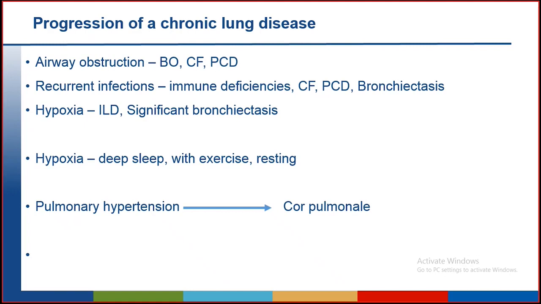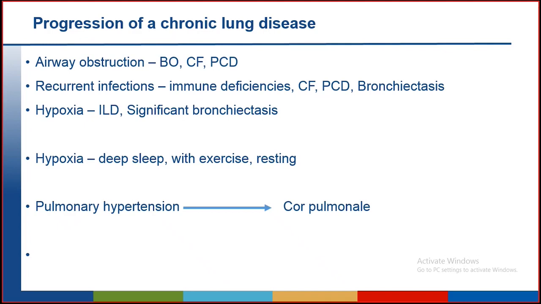These diseases involve the lung parenchyma, so the gas exchange is directly impaired, and those are usually diffuse disorders. Diffuse disorders, both lungs, all lobes are involved. Because of that, since the beginning they are hypoxic. Without developing bronchiectasis, they are hypoxic.